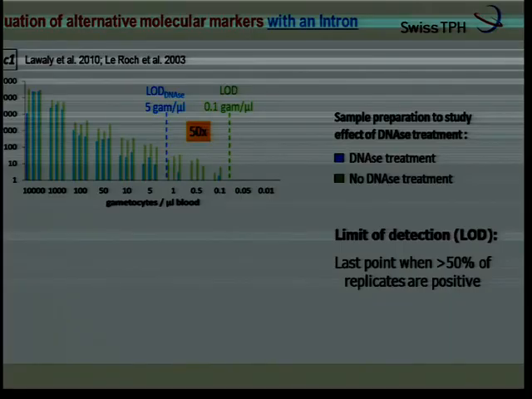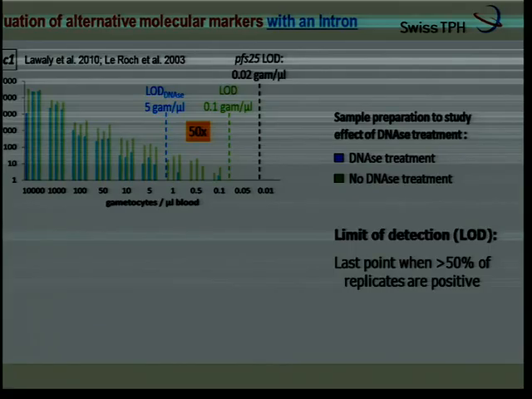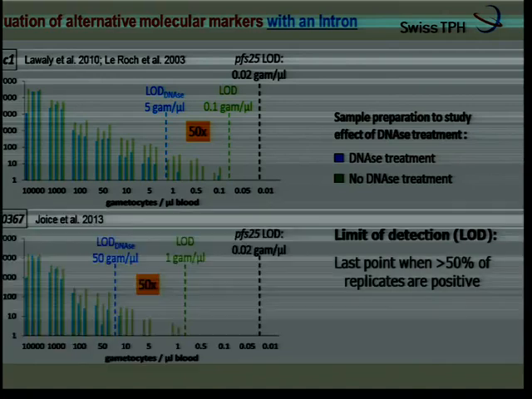That is a 50-fold loss when we are forced to do a DNase treatment. However, when we use the highly expressed PFS25 transcript, this is still more sensitive. So we didn't see a reason to change from PFS25.